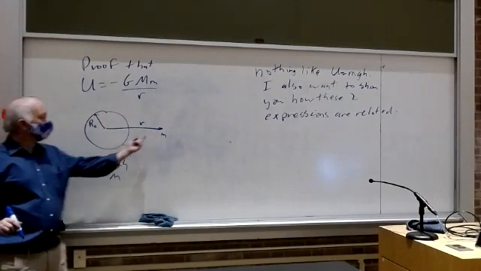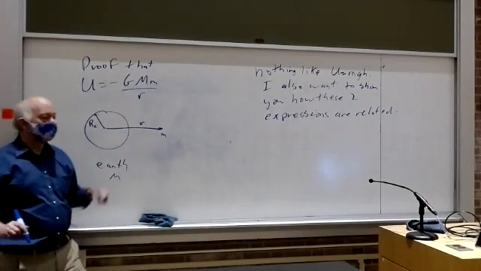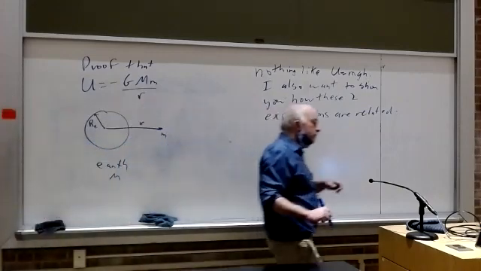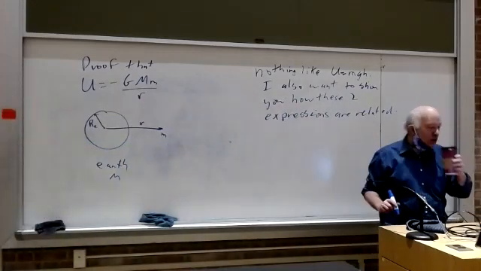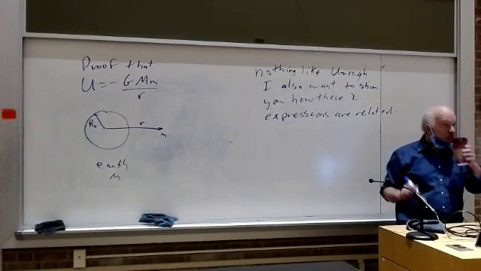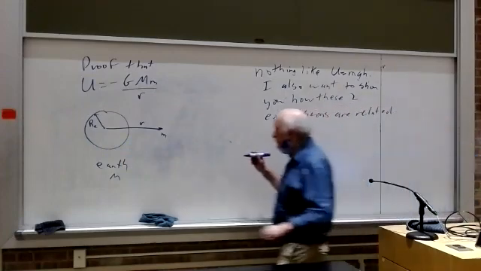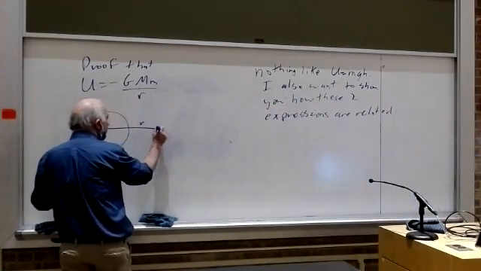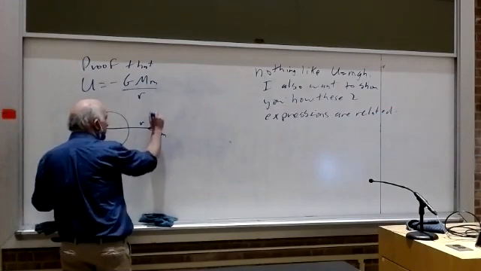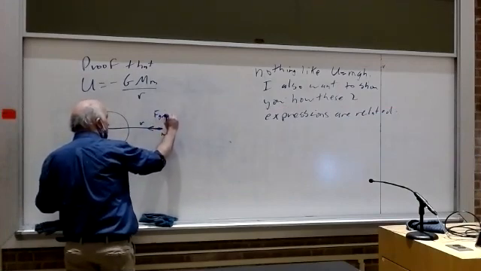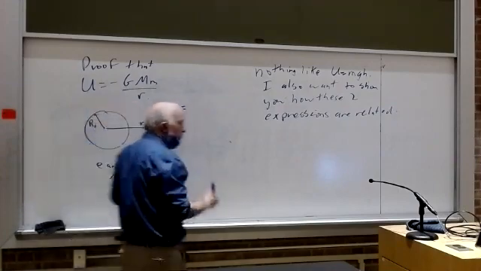Okay. What would be the force acting on our little mass there? Gravitational force, good. So this is going to be the force of gravity here. What does that equal?